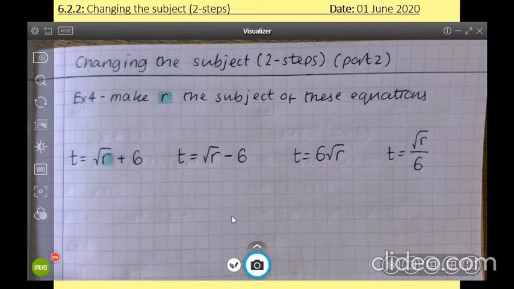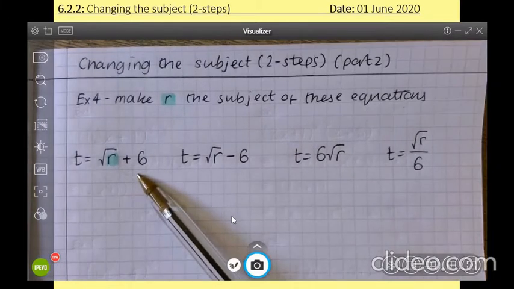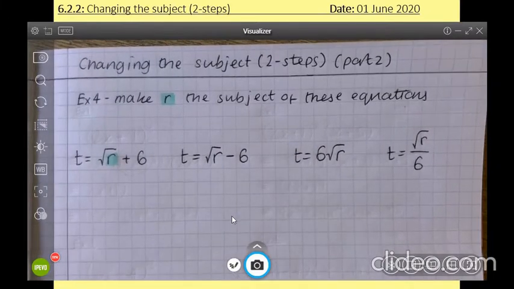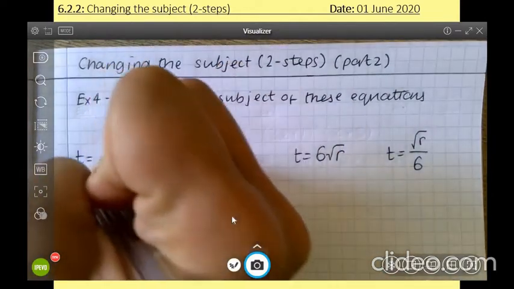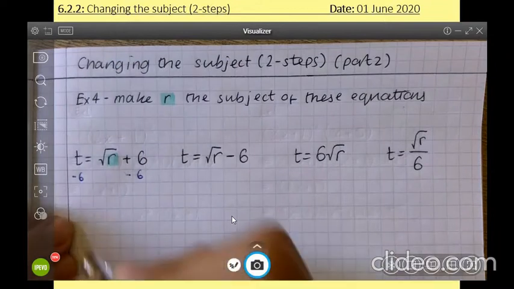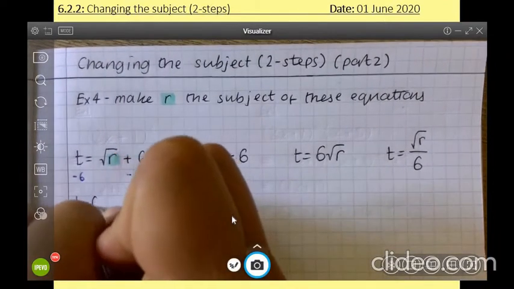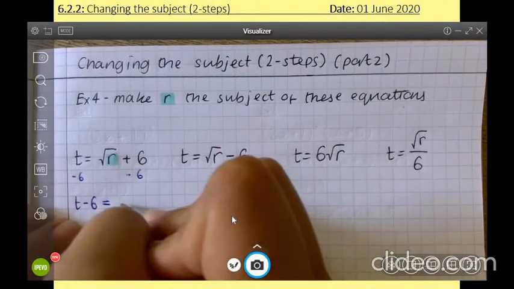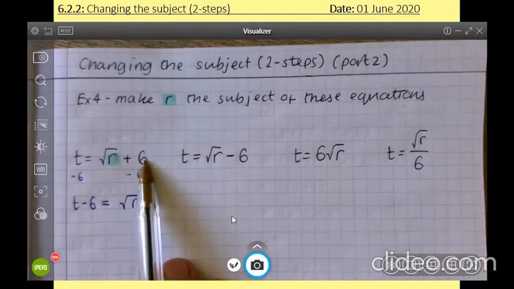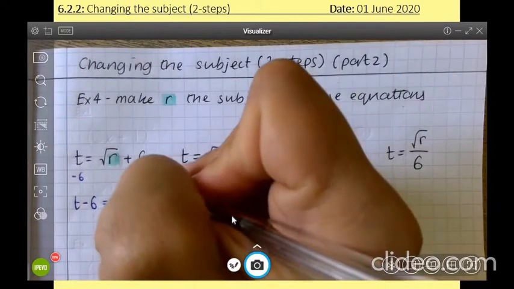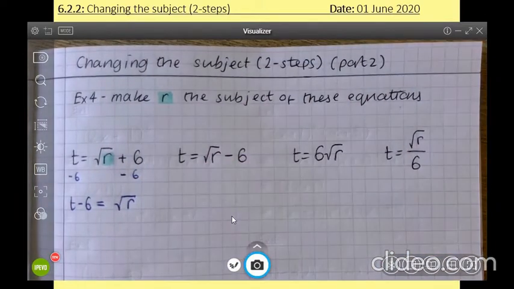We undo the plus 6 first, by doing the inverse. I'm going to subtract 6 from both sides. That leaves me with t subtract 6 on the left hand side and just the square root of r on the right hand side, because add 6, subtract 6, cancel each other out.